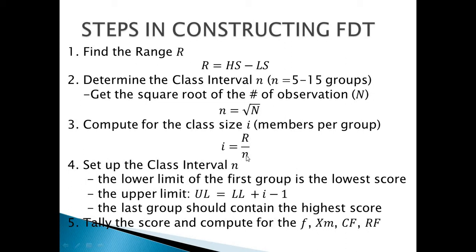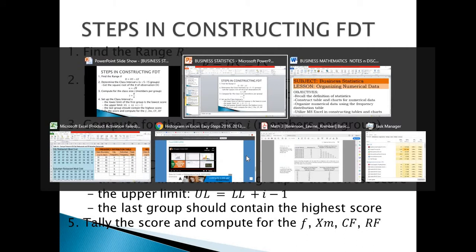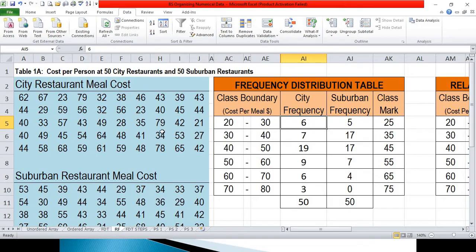Okay, so before we proceed in applying these steps, let me go back to my previous discussion where we talked about the frequency distribution table, but this time I'll be showing you a shortcut, or the use of a function in Microsoft Excel.